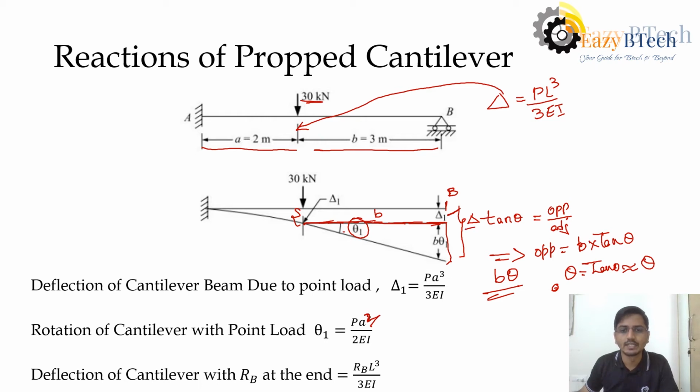After getting this deflection, we will follow the same approach: equate it and get the reaction. Here we have the same formulas, that is PA cubed by 3EI and PA squared by 2EI, where A equals 2 meters. And for RB, the same thing we used in the previous problem, that is RB L cubed by 3EI.